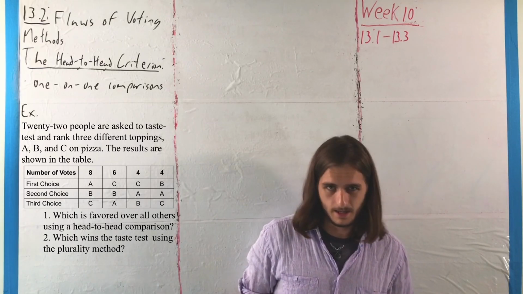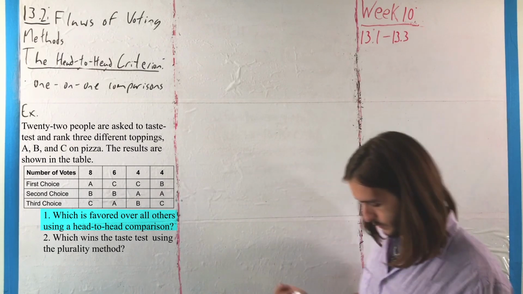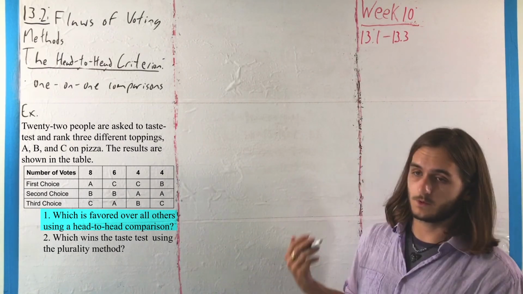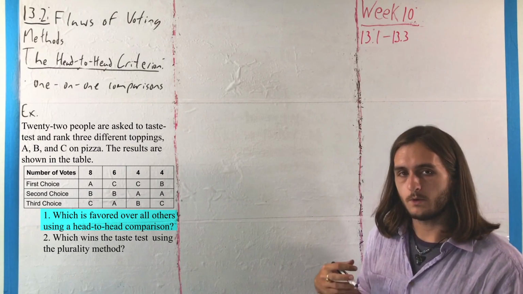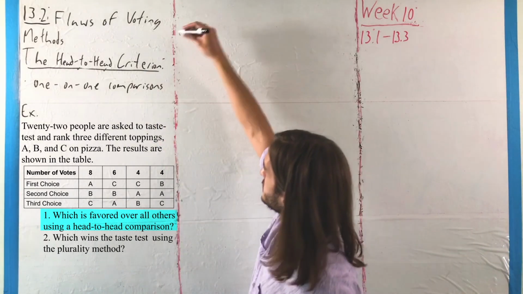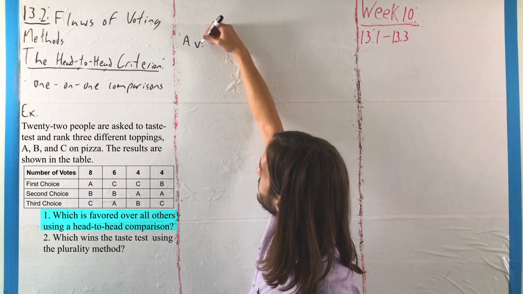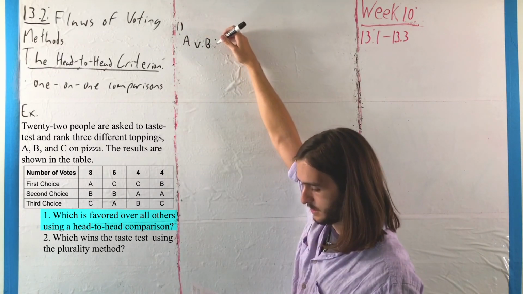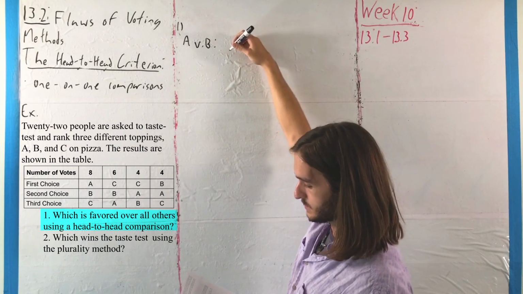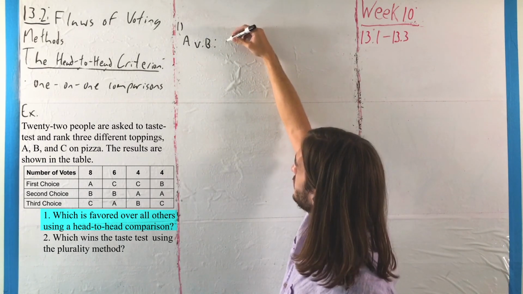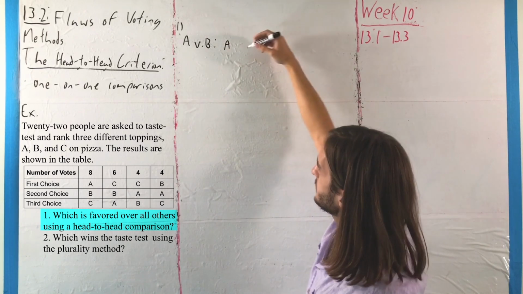So, for a head-to-head comparison, we can go through each of these 3 things, where because we have 3 options, we would have 3 times 2 over 2, or 3 comparisons. So for A versus B, we have that A is favored in columns 1 and 3, so A gets 12 votes, which means A wins.